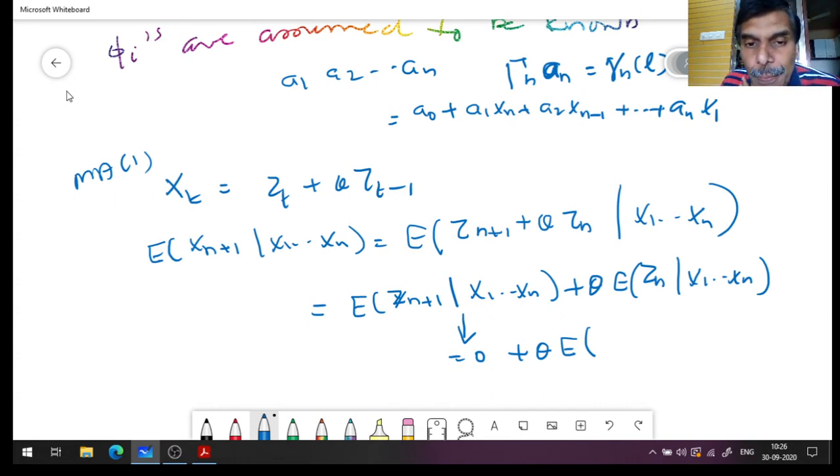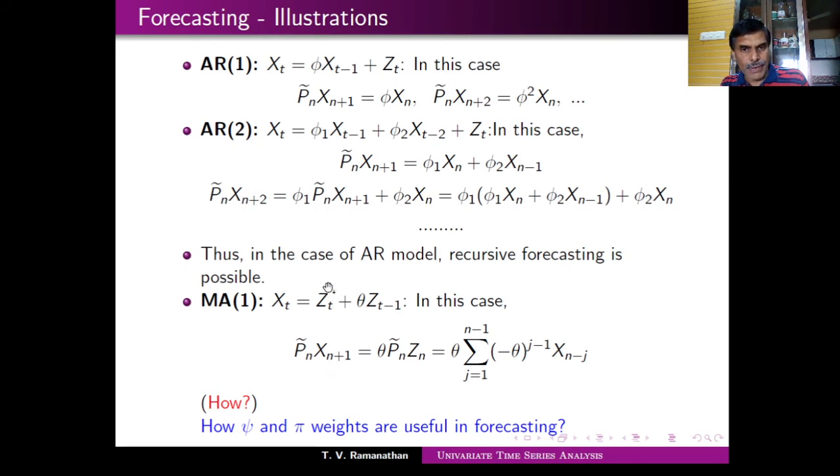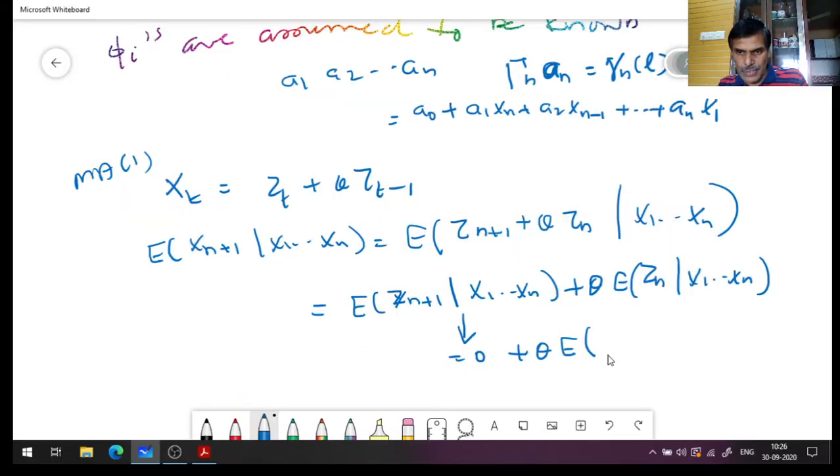Zn can be written in terms of the x's. This is not 0, because the expectation is 0 only if the subscript is larger than n. Whenever it is smaller, it is not 0. So this needs to be obtained.